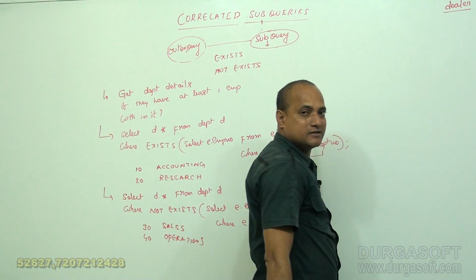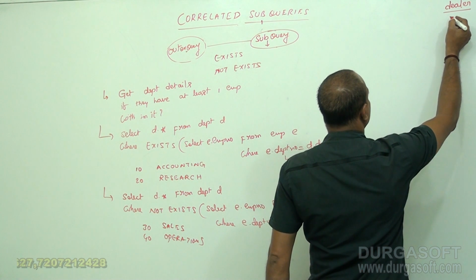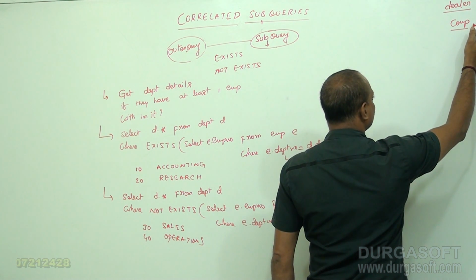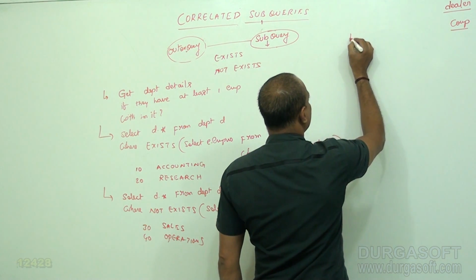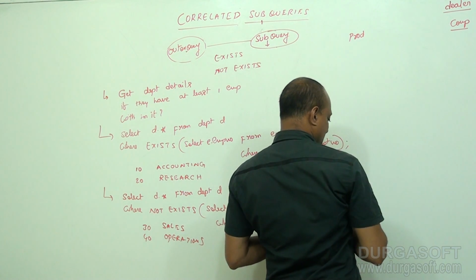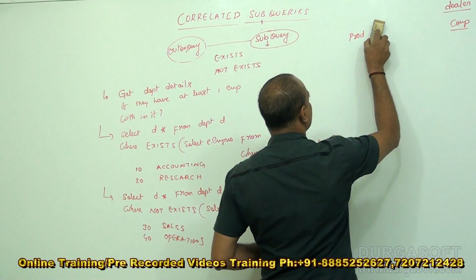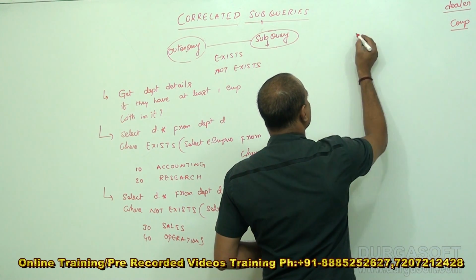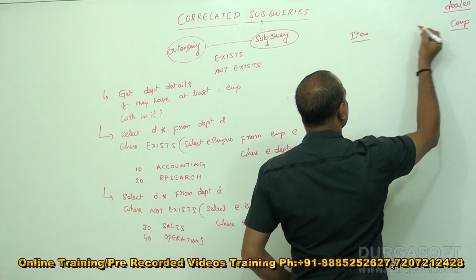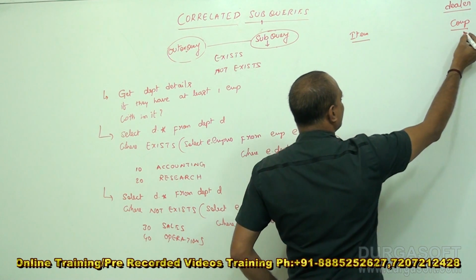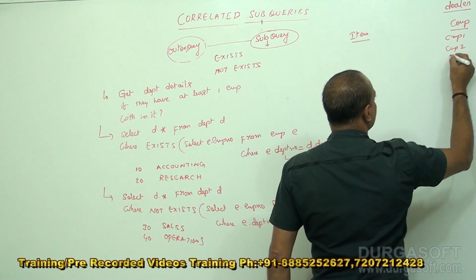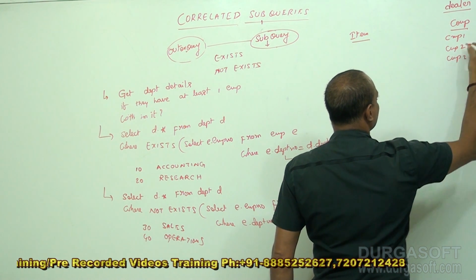I am maintaining company details under this one, and I am maintaining stock, meaning different items from these dealers. This is called the item table. Company table, item table.